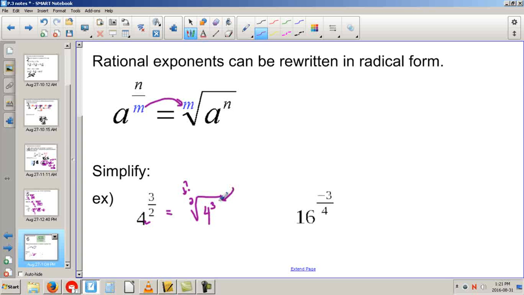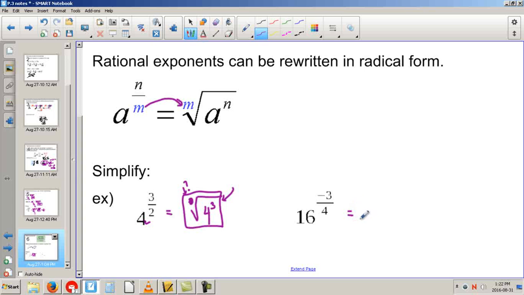So it's the square root of 4 cubed. Now I could obviously simplify this some, but I'm going to leave it. I just want to see if I can make the transition between one and the other. Now normally a square root doesn't have a 2 written here. Usually you see nothing. And so if you see nothing, just assume that it's a 2.